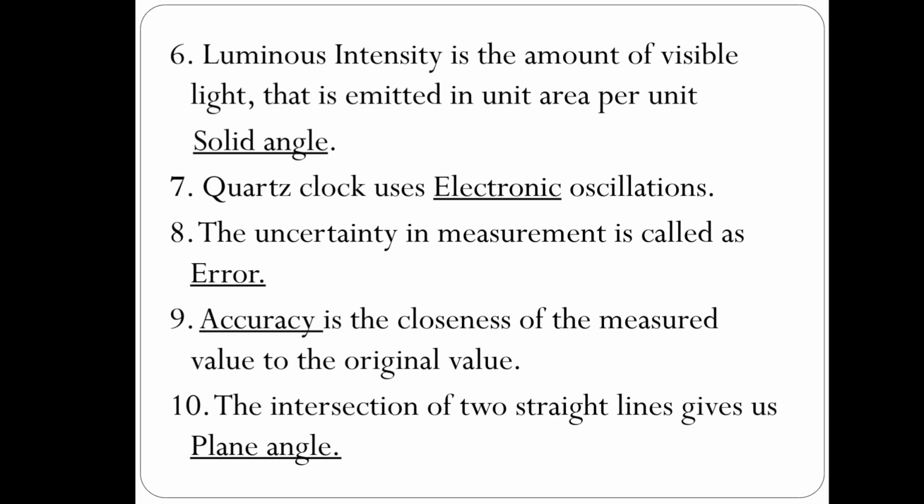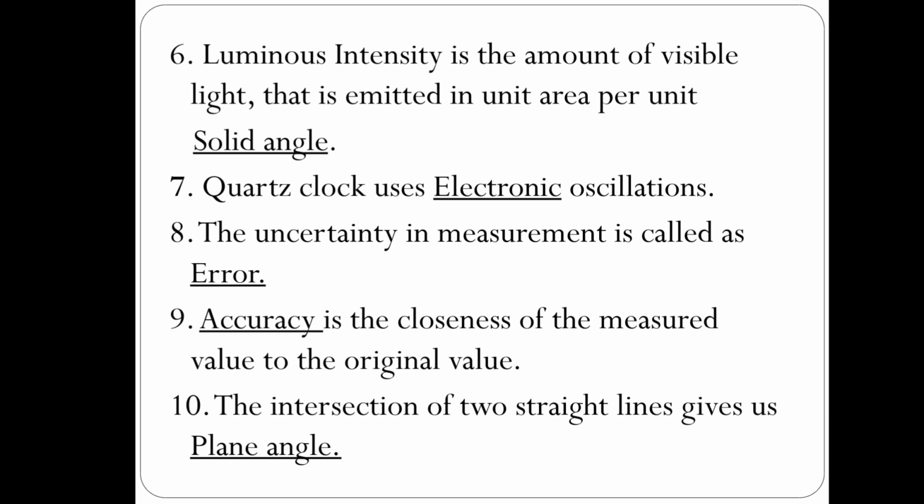Quartz clock uses dash oscillations. Quartz clock uses electronic oscillations. The uncertainty in measurement is called as dash. So what is uncertainty? Which is not sure, which is not correct. So that is called as error. Dash is the closeness of the measured value to the original value.